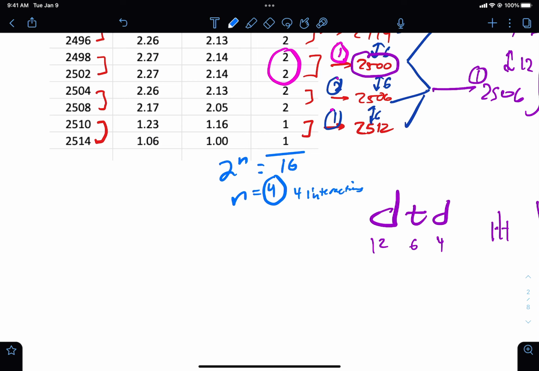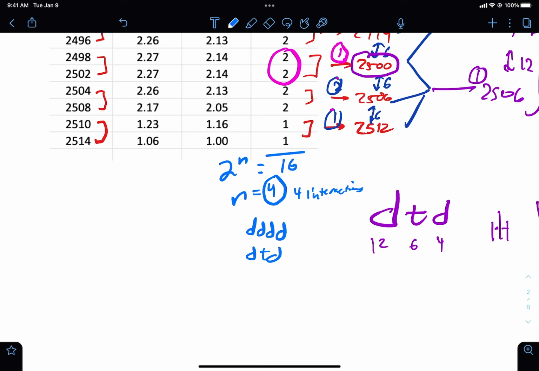So 4 interactions, you could have a doublet of doublets of doublets of doublets. You could have a doublet split to a doublet, which splits to another doublet, which splits to another doublet. That would be 4 interactions because each doublet is 1. You could have a doublet and a triplet and a doublet, or some combination thereof. Okay, a doublet of doublets of triplets and a doublet of triplets of doublets, or a triplet of doublets of doublets. They're all 4 signals.